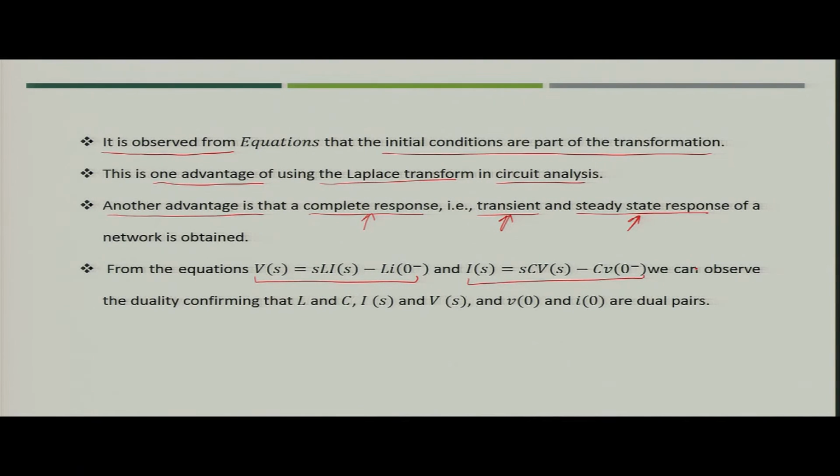When you observe, you can confirm the duality: L is dual of C, I(s) is dual of V(s), and v at time t equal to 0 is dual of current i at time t equal to 0. So, these create the dual pairs.